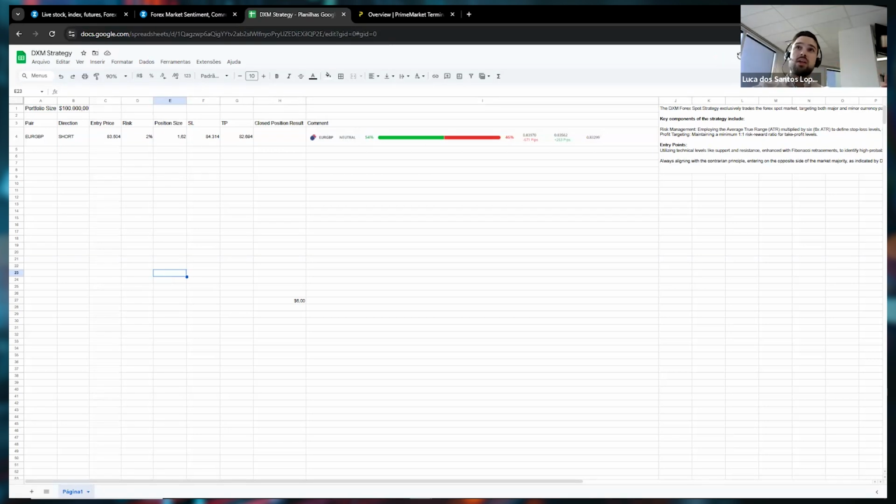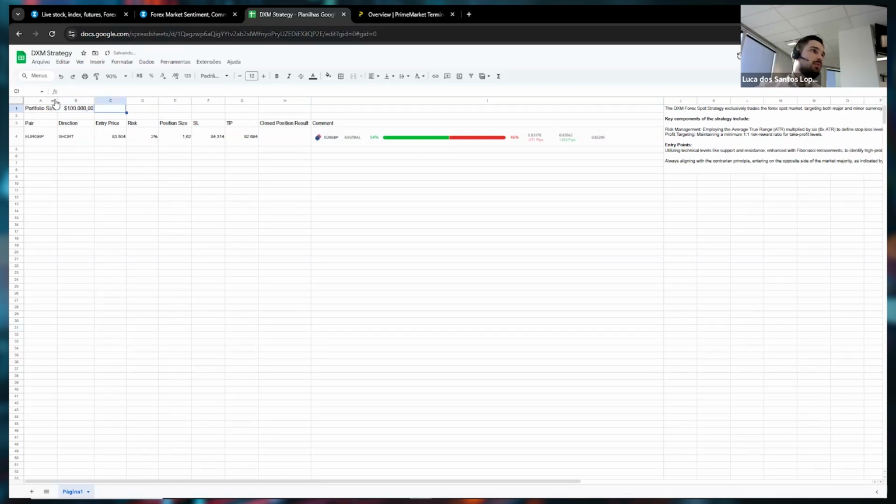I was thinking $100,000 is definitely really good money to start, but not everyone here may have that money to put in a trading account and just trade. So I was thinking maybe a $5,000 account or something around those numbers. Let me know, guys, what do you think about the portfolio size?